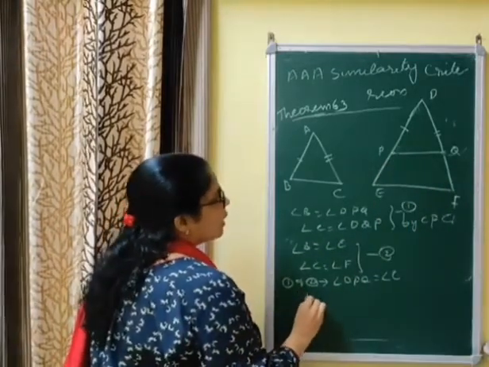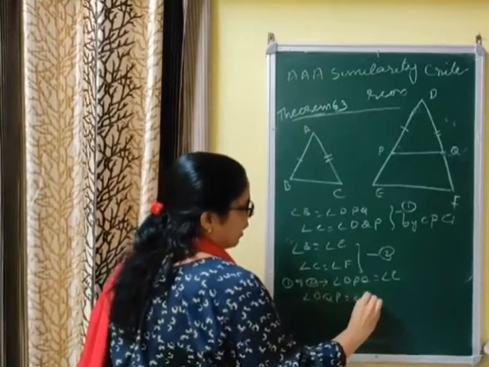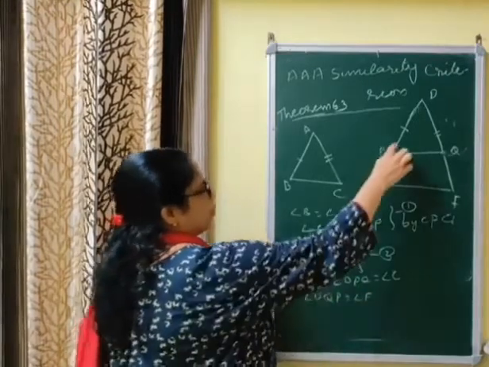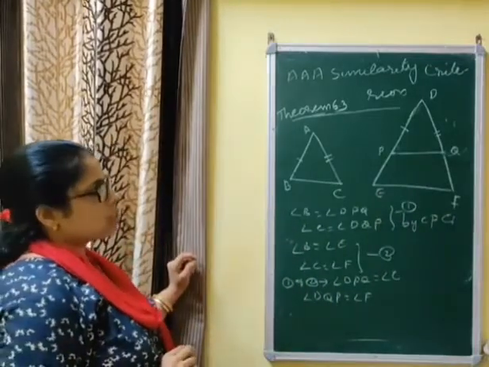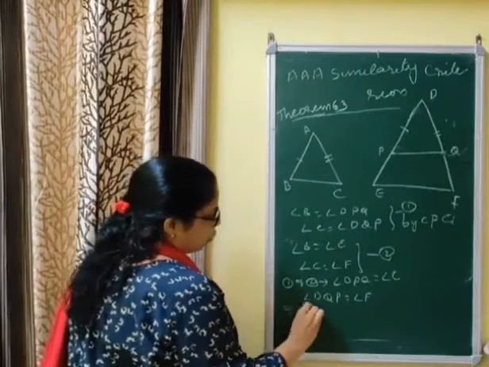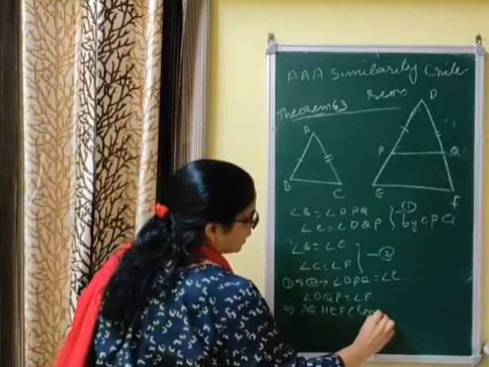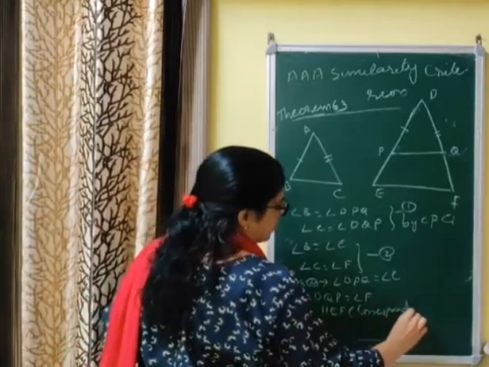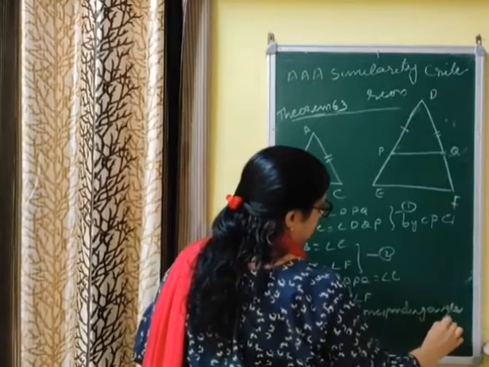Similarly, angle DQP is equal to angle F. That means if a pair of corresponding angles are equal, the lines are parallel. That implies PQ is parallel to EF by the corresponding angles axiom.